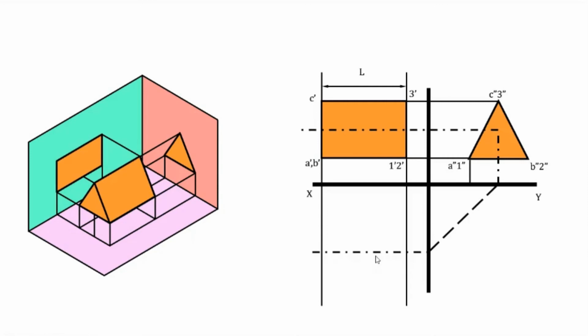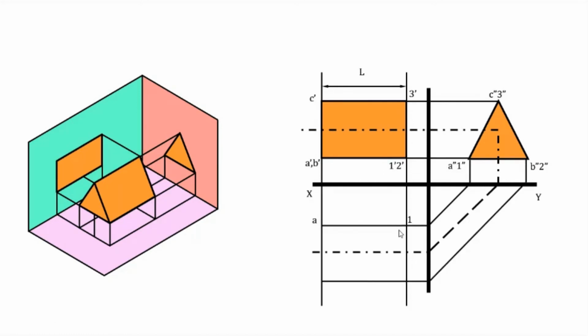Now the points A dash, 1 dash, B dash, 2 dash, and C dash, 3 dash should all be projected to this top view in a similar fashion. This is point A, and this is point 1.